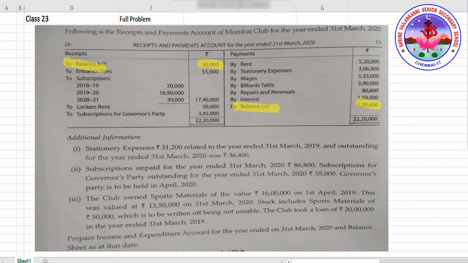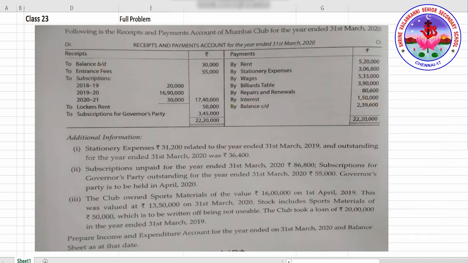You understood what we are trying to say. Consisting of whatever figures are relevant for 1st April 2019, we need to take those items. I'm going to prepare it here so that you'll be able to visualize it and it is easy for you.